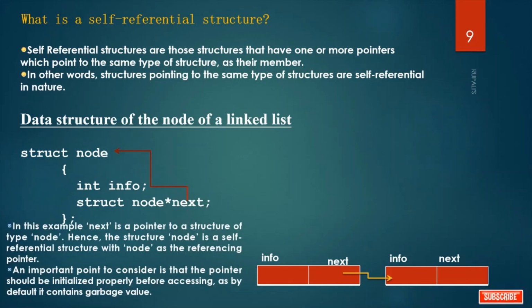In this example, next is a pointer to a structure of type node. Hence, the structure node is a self-referential structure with node as the referencing pointer. One thing you have to remember is that you have to initialize this pointer properly because by default this pointer contains a garbage value.